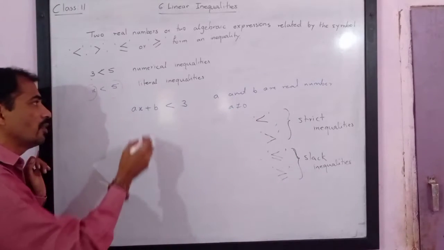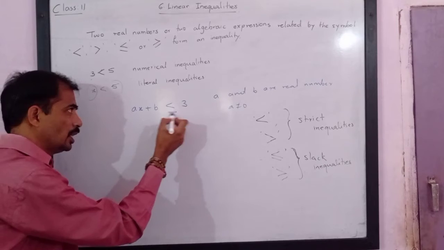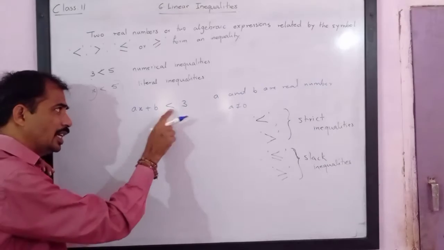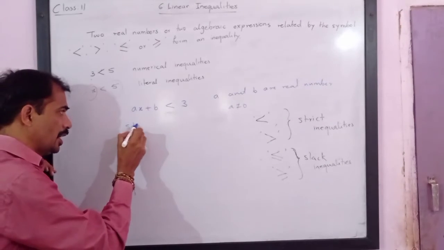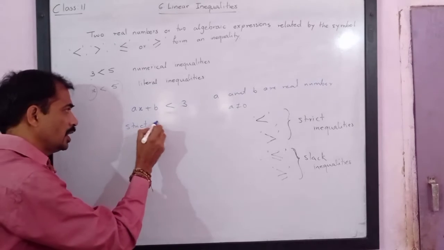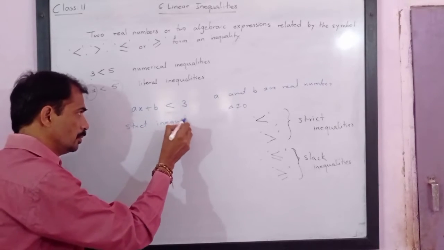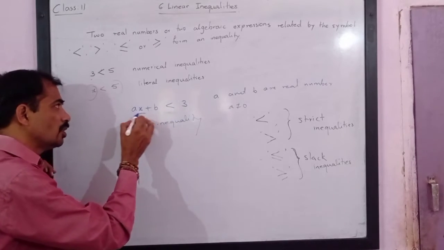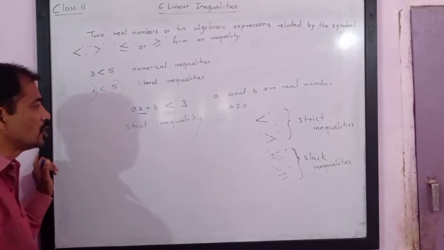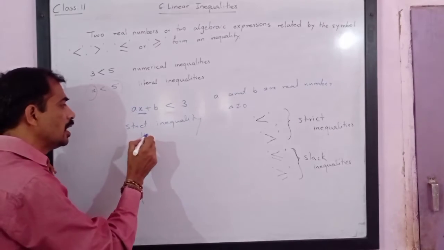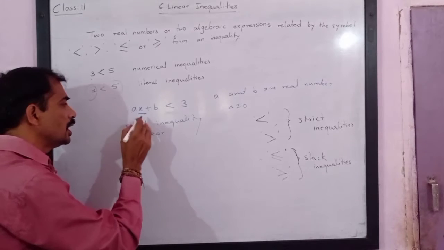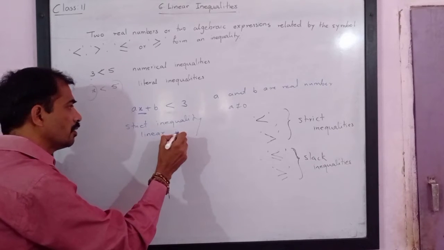Since it is strictly less than, it is a strict inequality. And this is a linear expression, so it is a strict linear inequality.